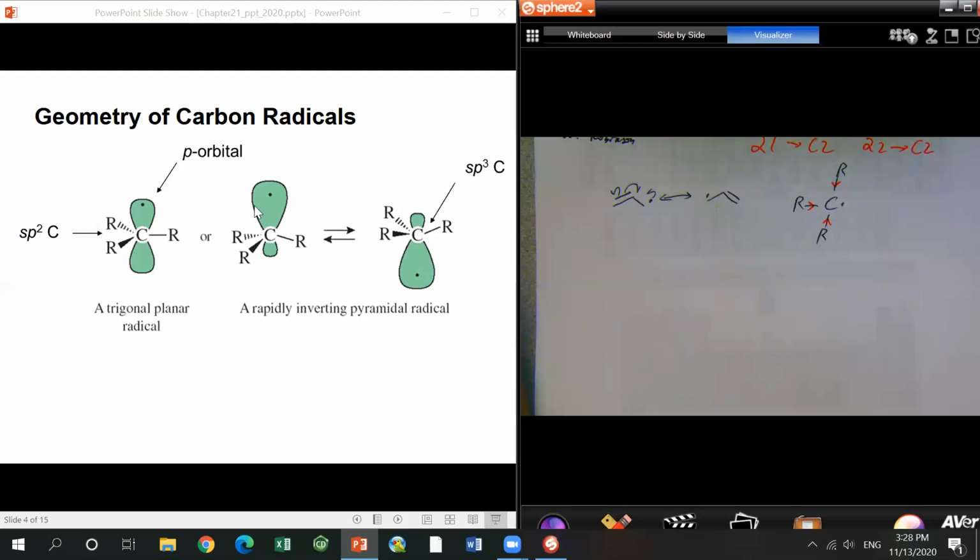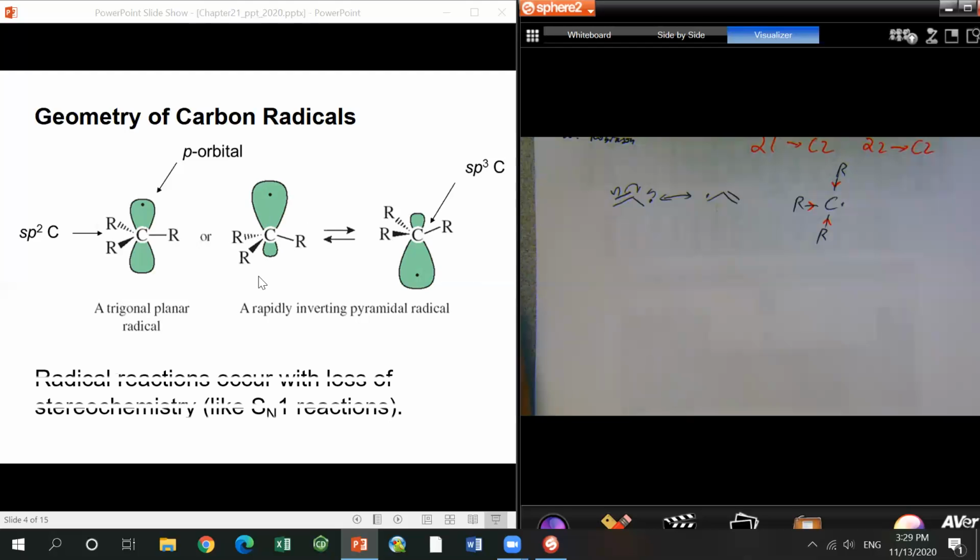But because the orbital is too small, the three R groups can quickly shift up and down, so these two configurations average out. It's repeated inversion of the pyramidal radical, and averaged out, eventually it looks like these three R groups are on the same plane.